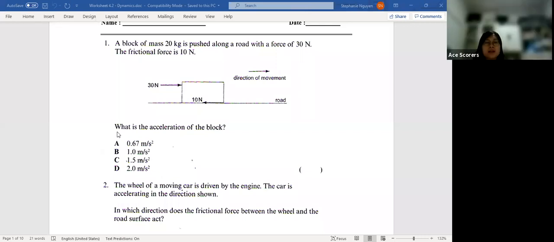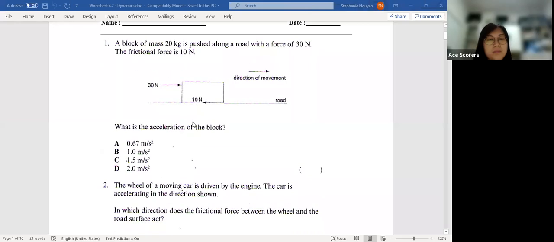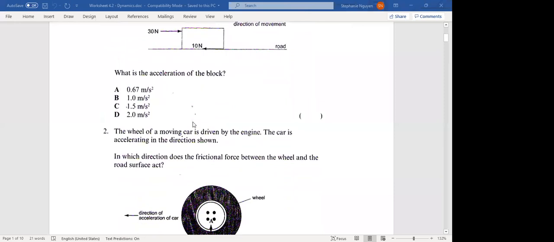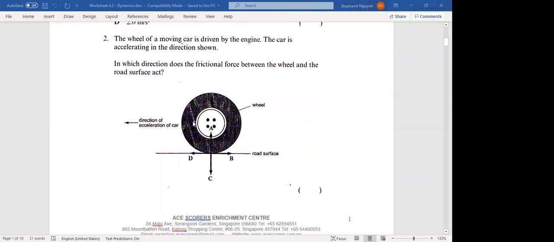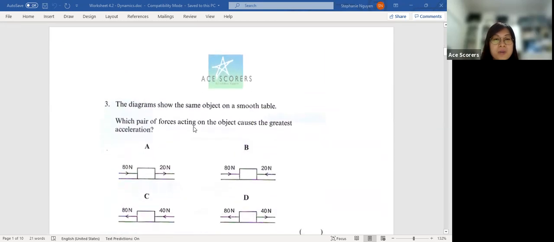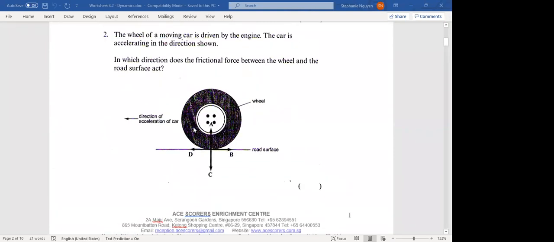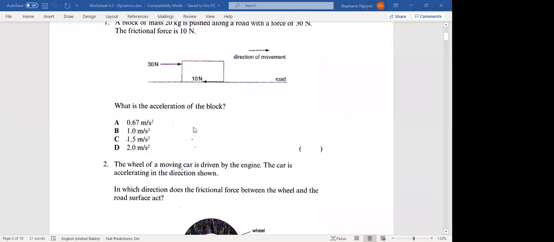Okay, so you do have the worksheet 4.2, dynamics. Good. So I would like you to try question 1 and question 3. Just the MCQ question 1 and 3 first.